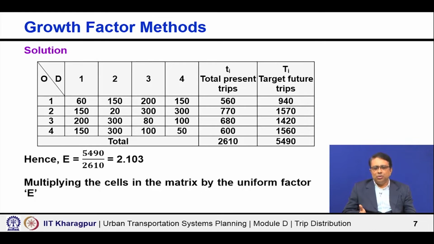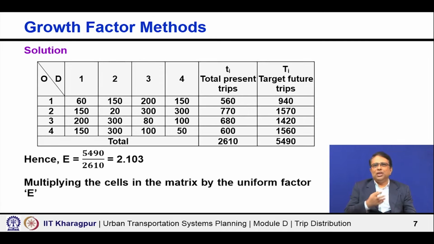So what is the growth? We can calculate it, 940 divided by 560. Similarly, for zone 2 the growth is 1570 by 770, zone 3 1420 by 680 and zone 4 1560 divided by 600. So you will clearly see that the growths are not same in all zones.